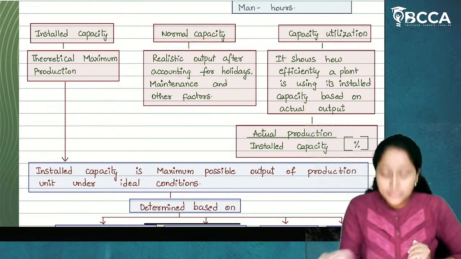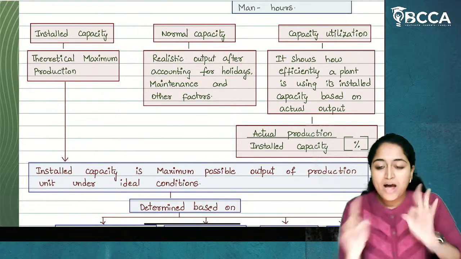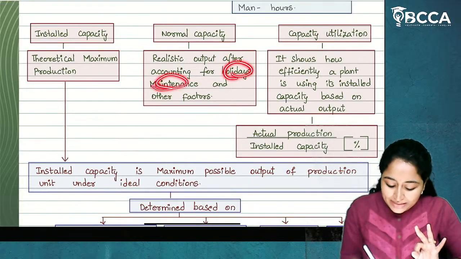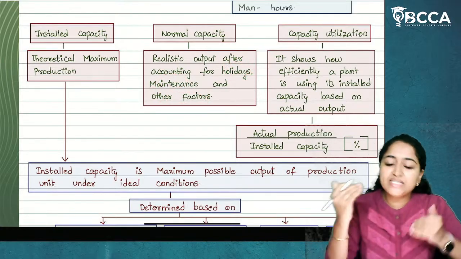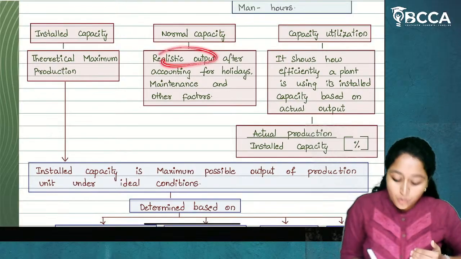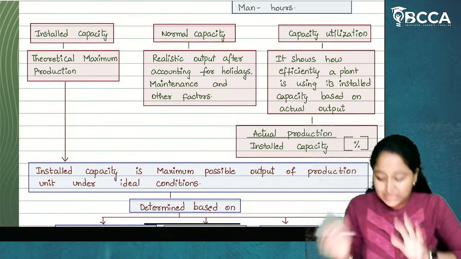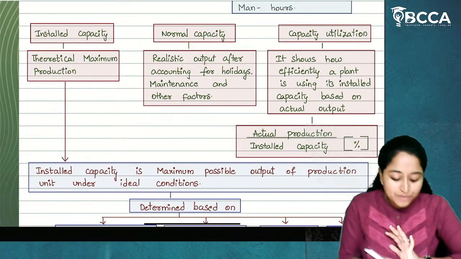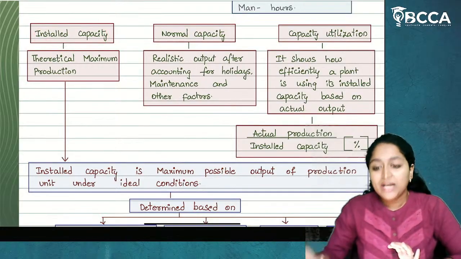And then what is normal capacity? Realistic output after accounting for holidays, maintenance and other factors. These holidays, maintenance and other factors, you can call interruptions. After considering all kinds of interruptions, whatever realistic output we get is called normal capacity. Without considering interruptions, if you are calculating theoretical maximum production, it is called installed capacity.